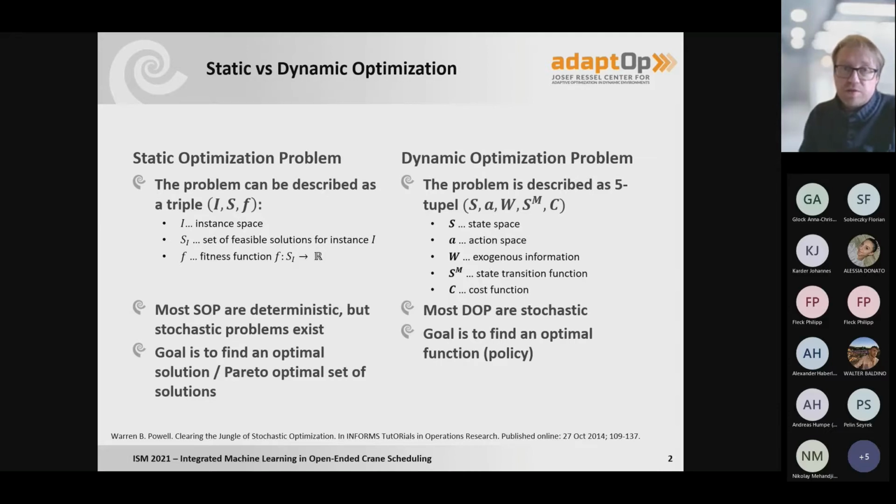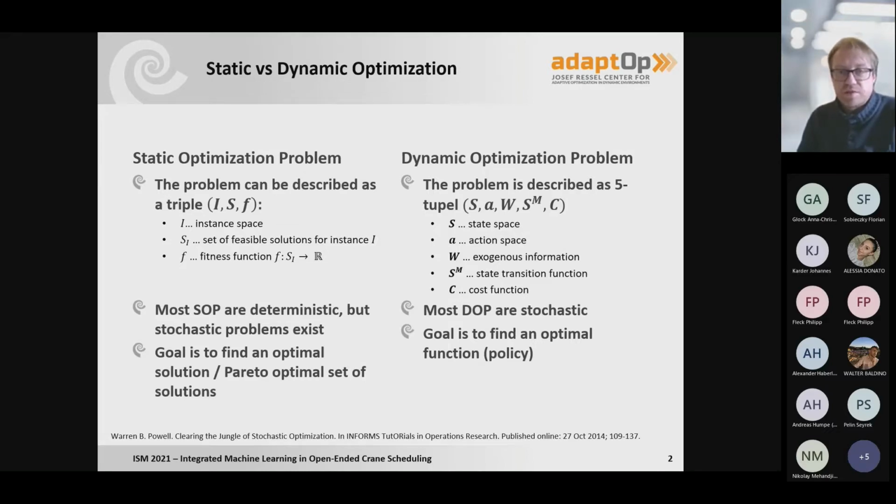In general, what is really important is that the optimization problem becomes much harder if we go from the static case, which we know how to solve well. We can describe them in linear programs, mixed integer programs, and heuristic algorithms are used to solve them, so they're quite well researched. But dynamic optimization is very difficult.